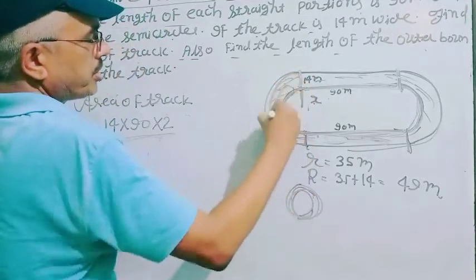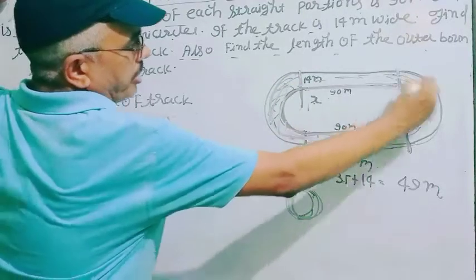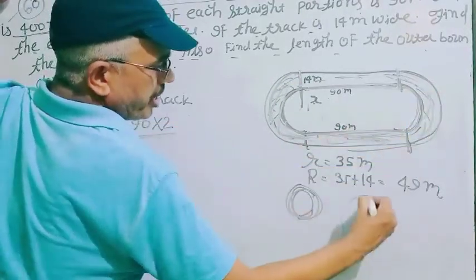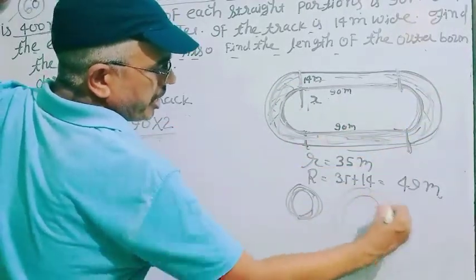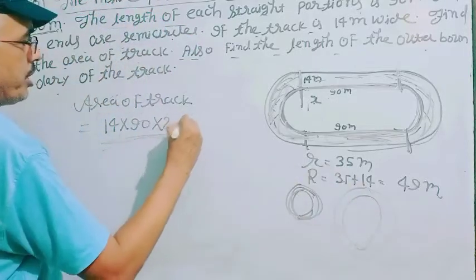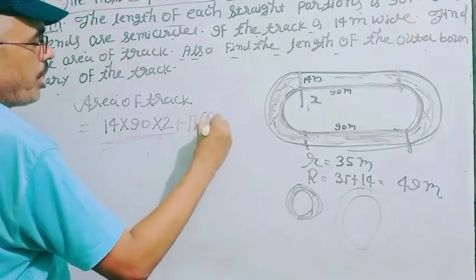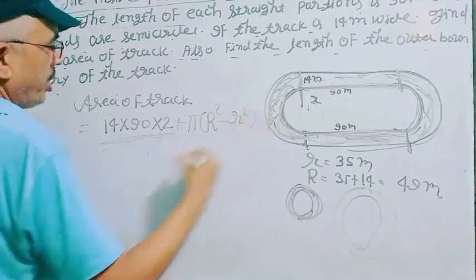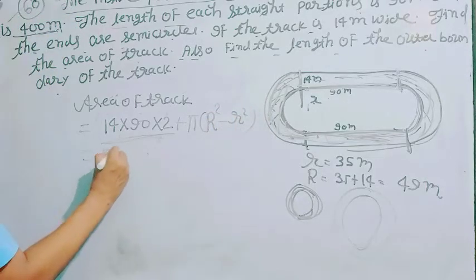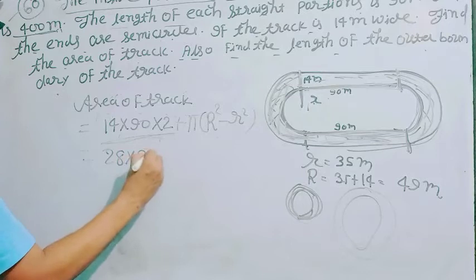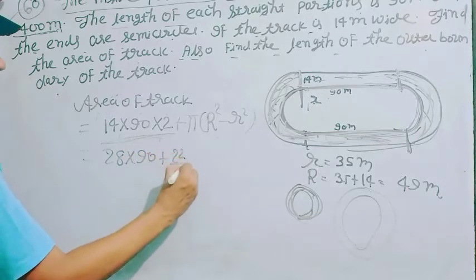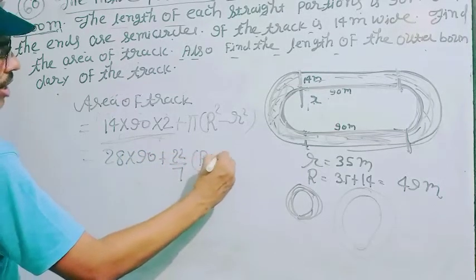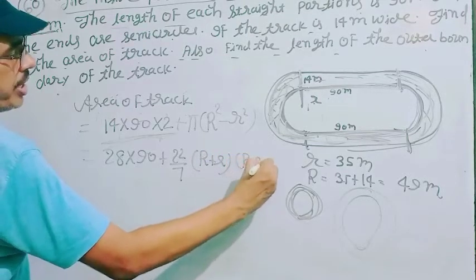So when these portions of the track are enclosed like this, they form a ring. So the area is pi times R square minus r square. So dear student, it is 28 into 90 plus 22 by 7 into (R plus r) and (R minus r).